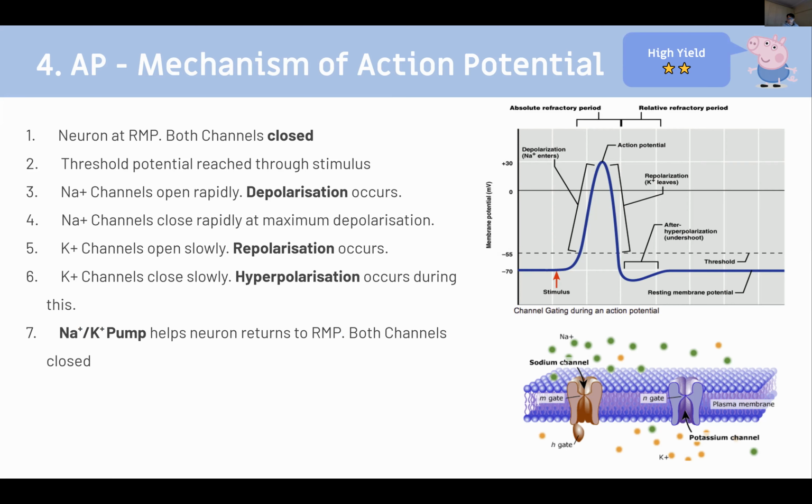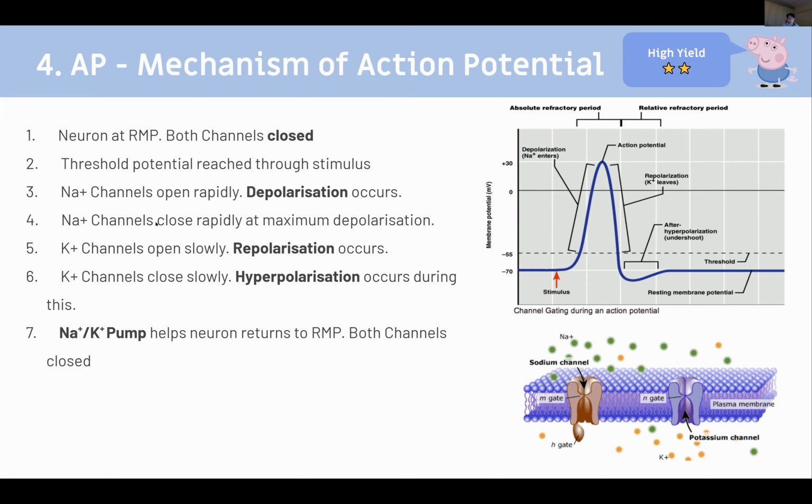So as positively charged sodium ions move inside of the cell, we're going to get depolarization as the inside of the cell becomes less negative. Looking at this diagram on the right, this upward spike over here, as our membrane potential depolarizes, basically becoming less negative and positive, is when our sodium is flowing into our cell.